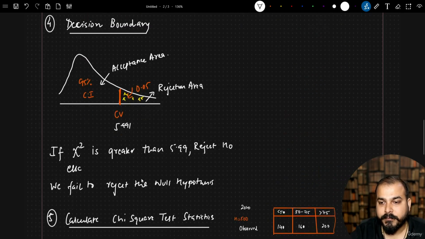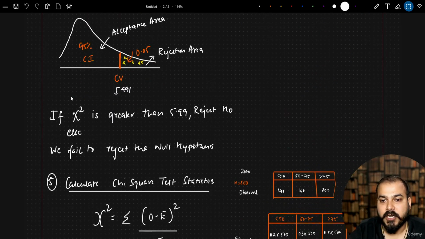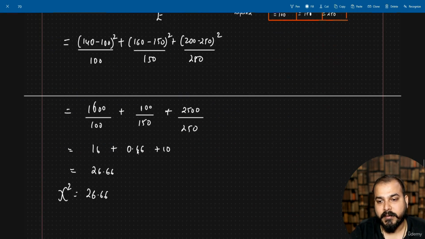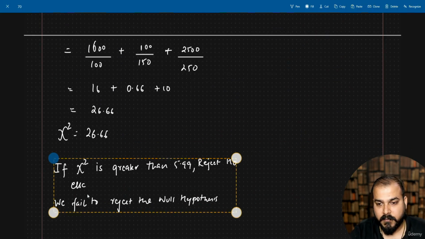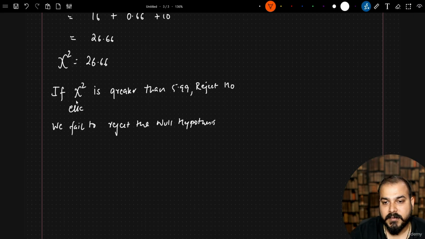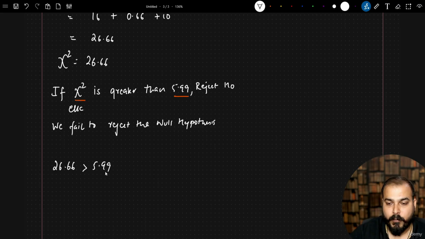Now we'll go over here and talk about my decision rule. My decision rule said that if my chi-square is greater than 5.99, we reject the null hypothesis. So we are going to compare. Over here, 26.66 is obviously greater than 5.99.